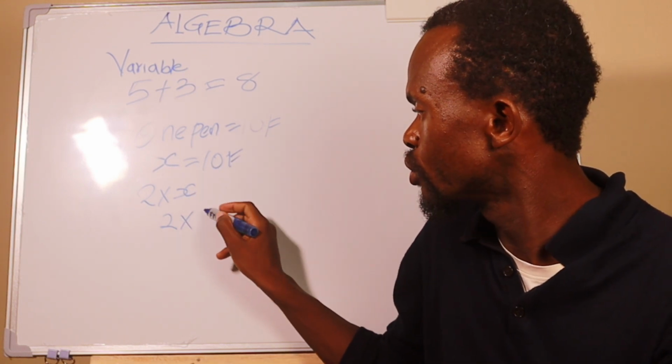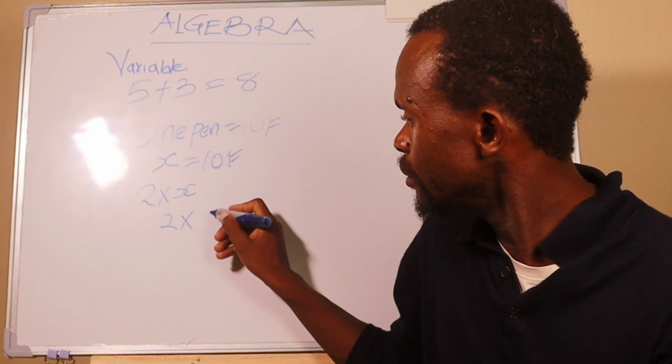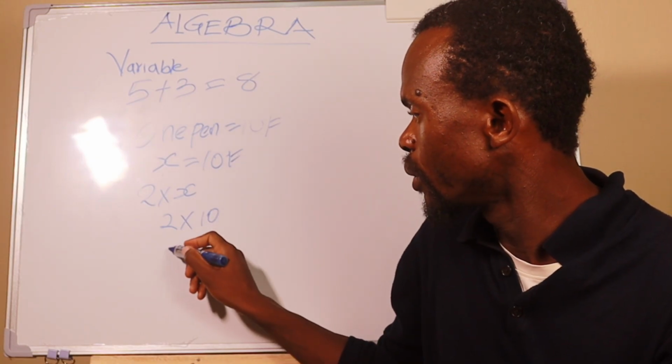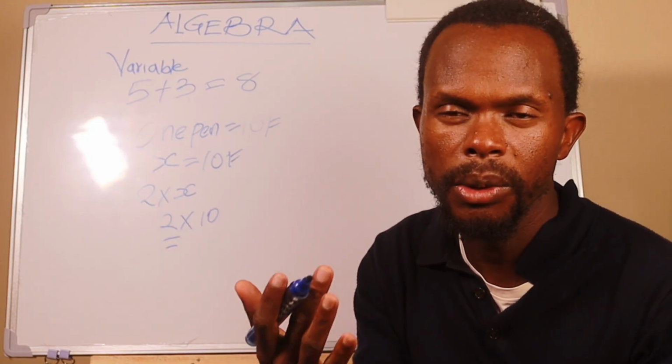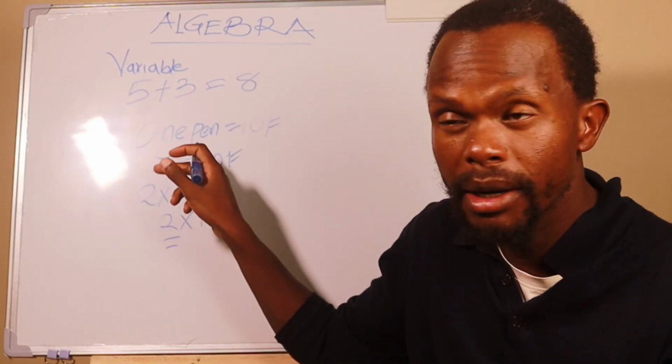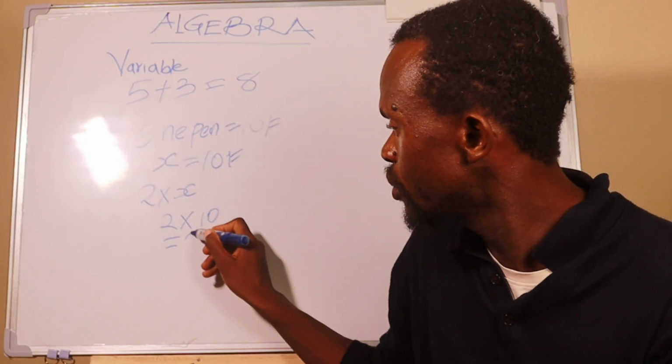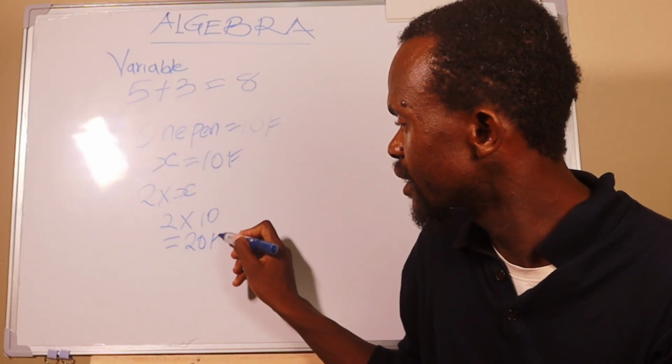So the total amount that can be spent by buying 2 pens will be equal to 20 shillings.